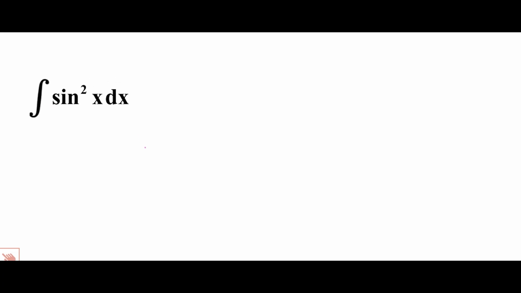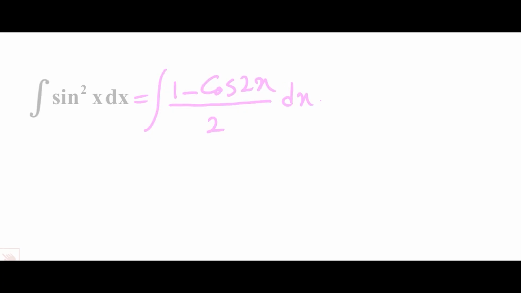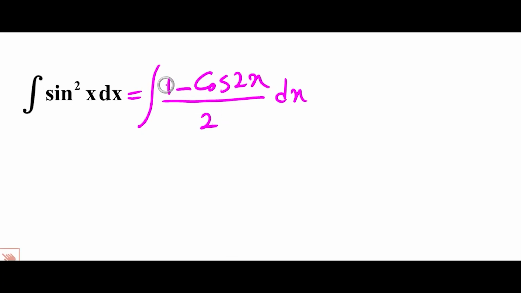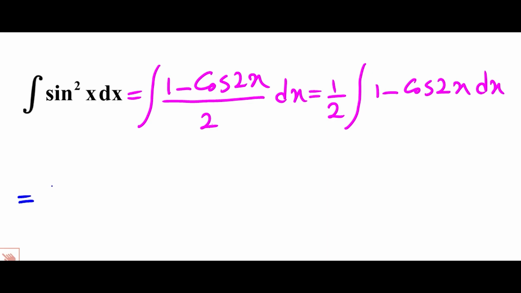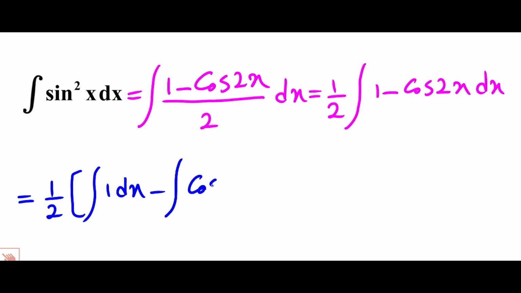the integral of sine squared x dx equals the integral of (1 minus cosine 2x) over 2 dx. Now I'll take the constant factor 1/2 outside the integral. So we have 1/2 times the integral of (1 minus cosine 2x) dx. So we have 1/2 times the integral of 1 dx minus the integral of cosine 2x dx.